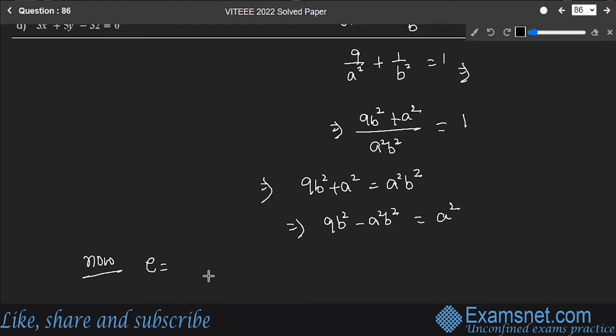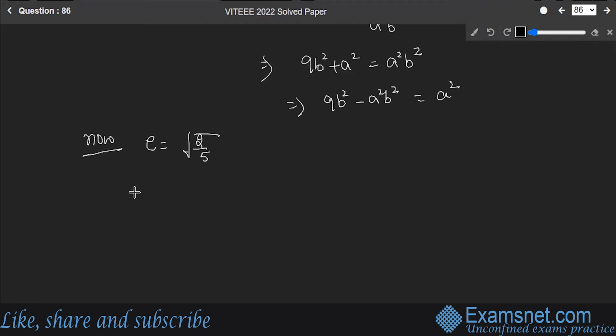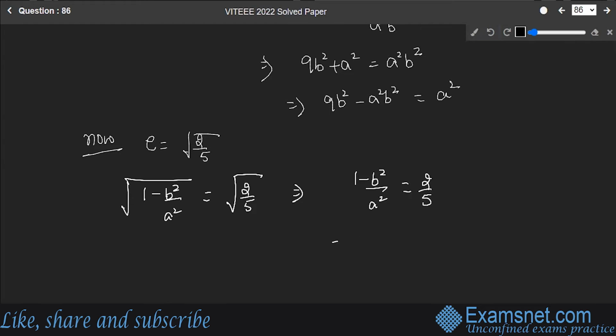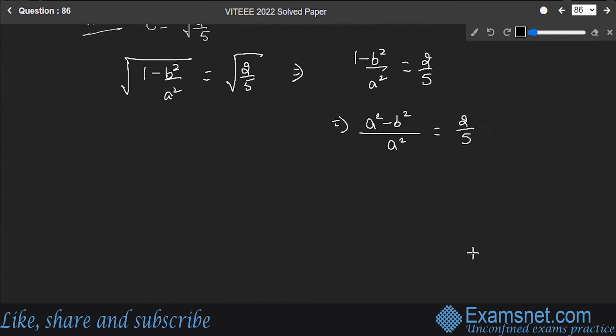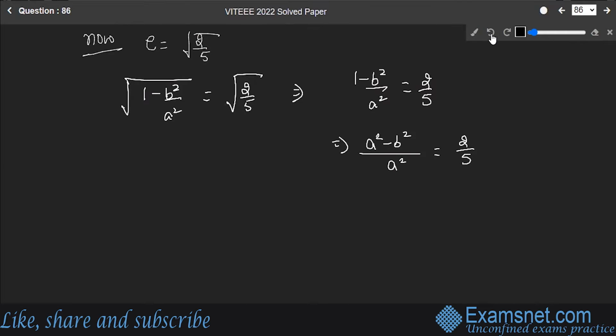Now you're given eccentricity equals root 2 upon 5, and you know the formula for eccentricity, that is root of 1 minus b square upon a square. So this is equal to root of 2 by 5. That can be written as 1 minus b square upon a square equals 2 by 5.